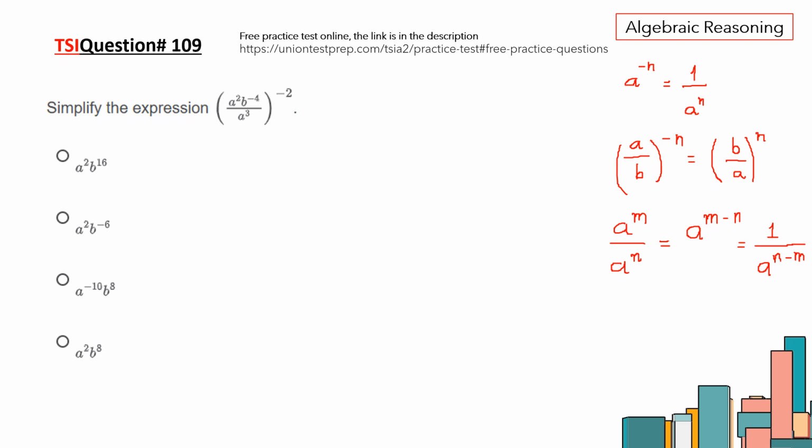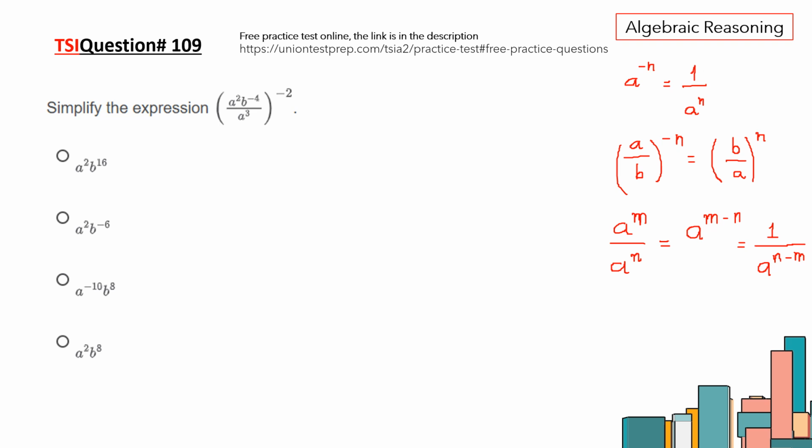Be careful, okay? If you keep it on the top, the exponent of the top part will be minus the exponent at the bottom, and opposite. Okay, so we can solve these questions.